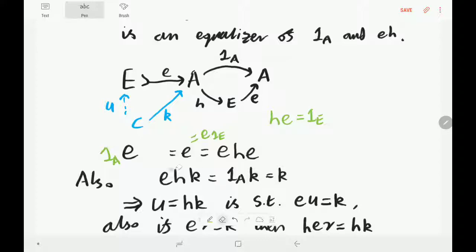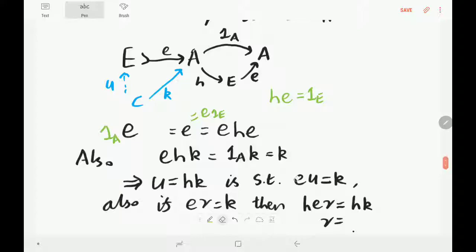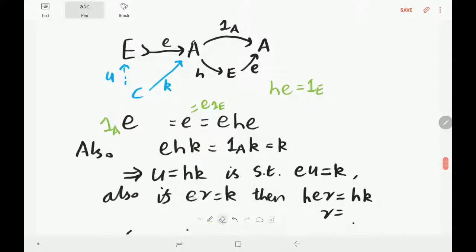Now suppose that k also equalizes them, so we have ehk equals 1_A k. Then if we take u equal to hk, we get that eu equals k. So such a u will do as an intermediary arrow. But now let's suppose we have another one, so that ev equals k.